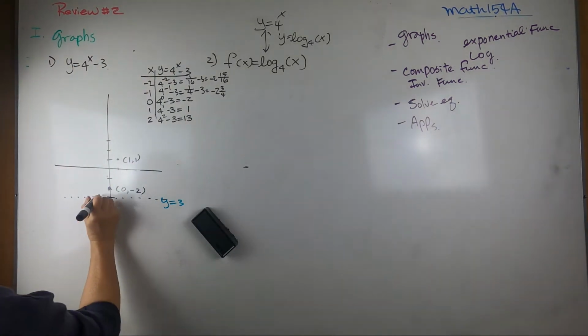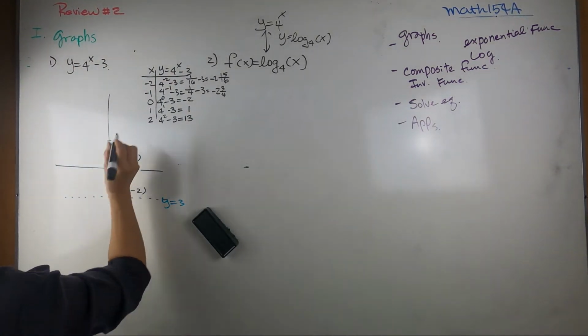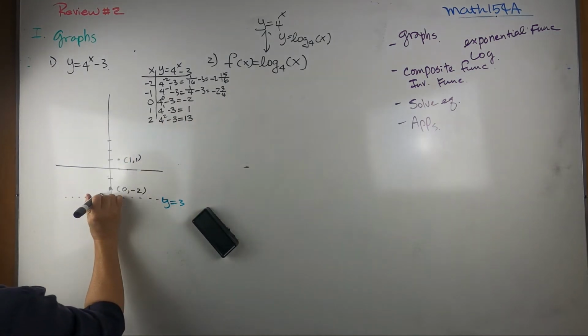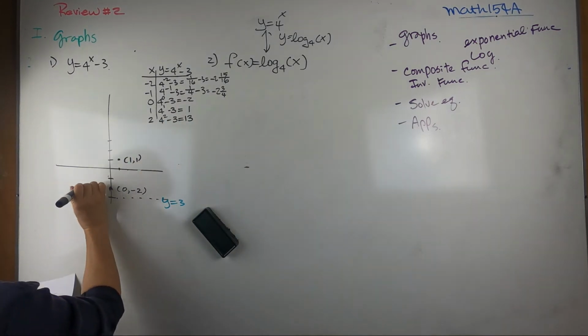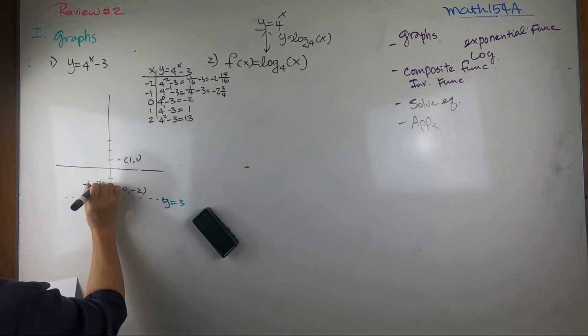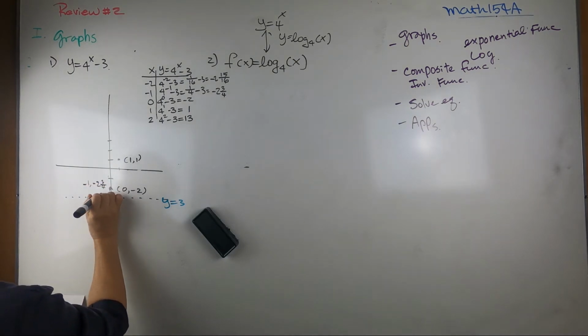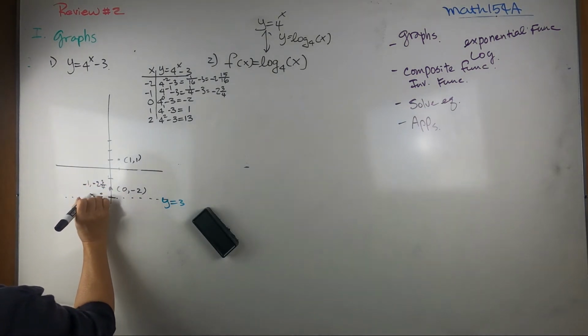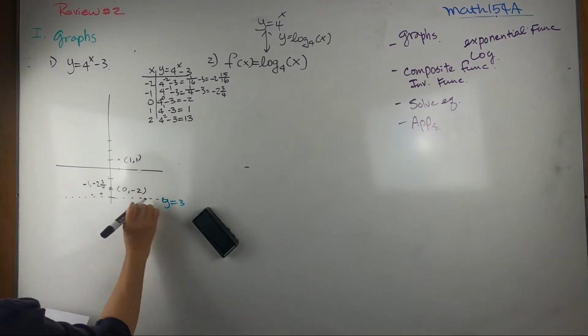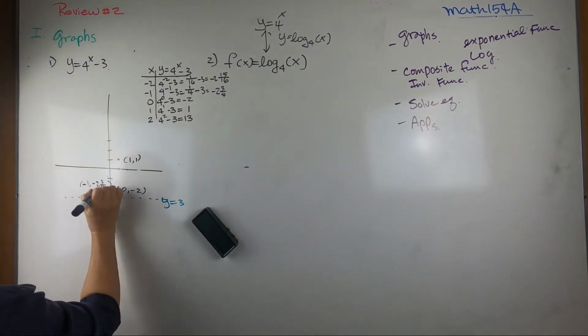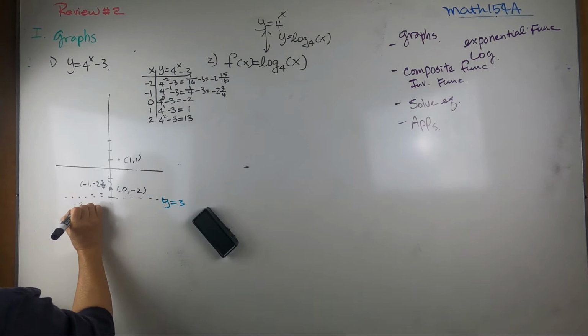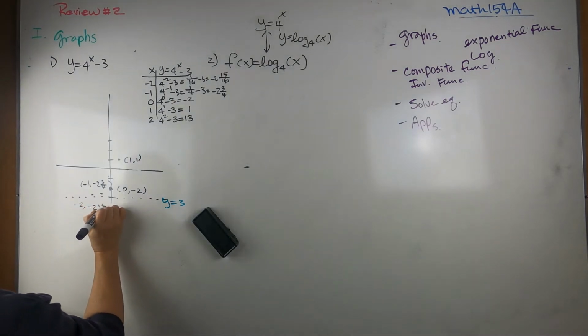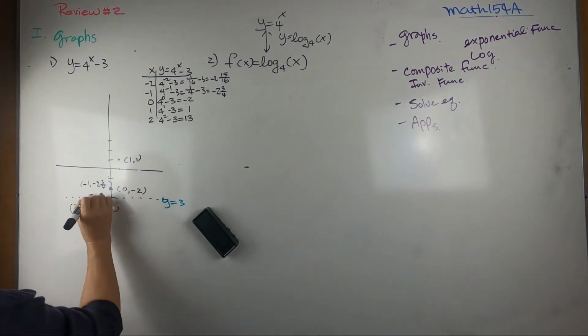So then negative 1 would be here, negative 2 3/4, right? The next one is getting close to this line. That would be negative 2 15/16, right here.